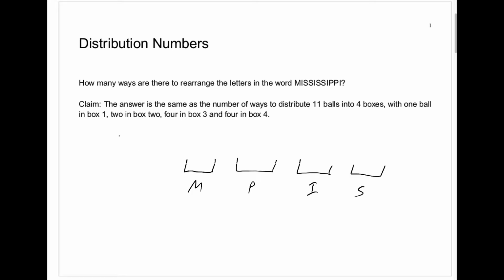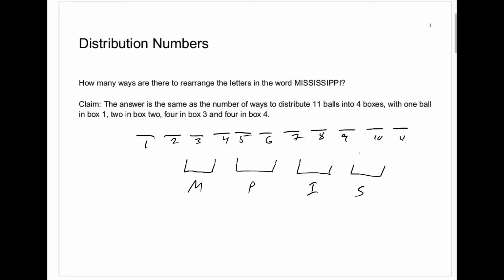And then if we have 11 balls, we'll think of the balls as the positions of the letters in the word. We have an 11-letter word, Mississippi. Here's position 1, position 2, position 3, position 4, position 5, 6, 7, 8, 9, 10, 11.